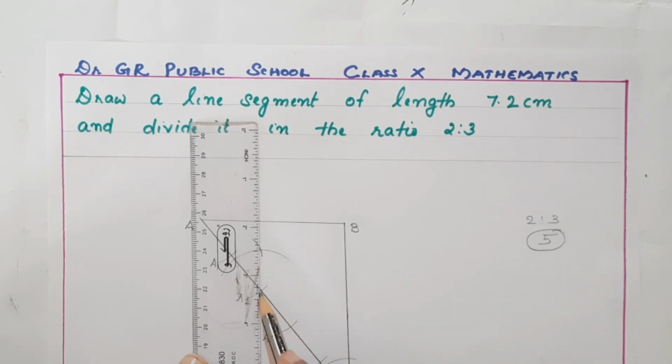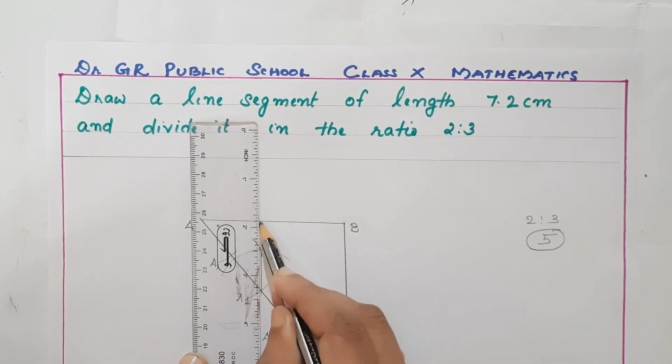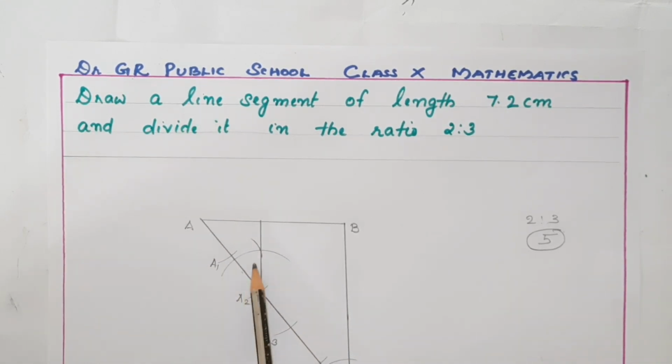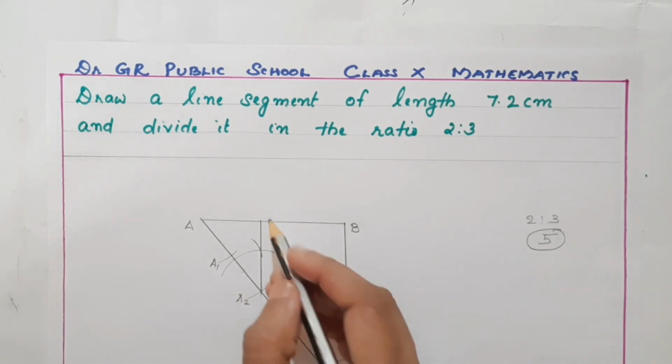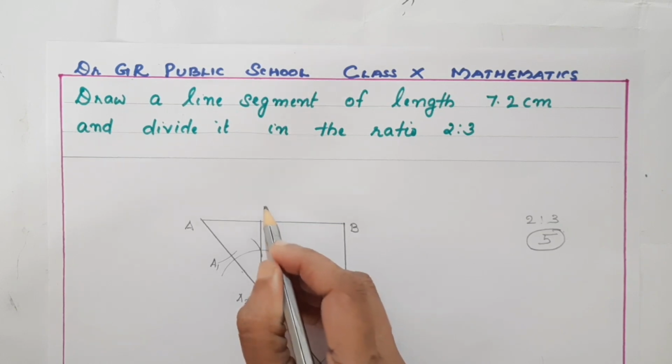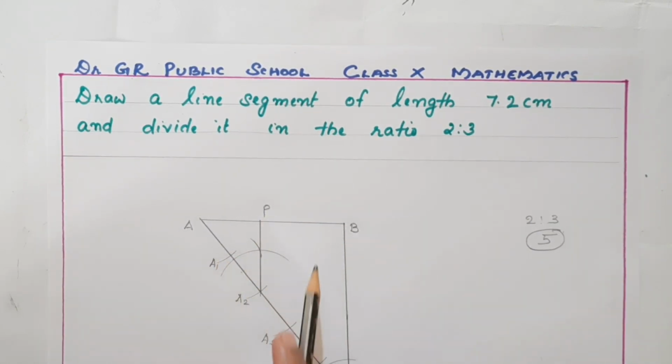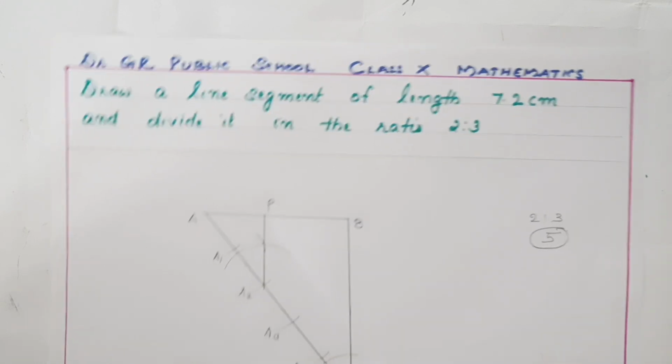These two join. Now you can see these two lines are parallel, and this point we can name it as P, and AP is to PB will be 2:3 by basic proportionality theorem.